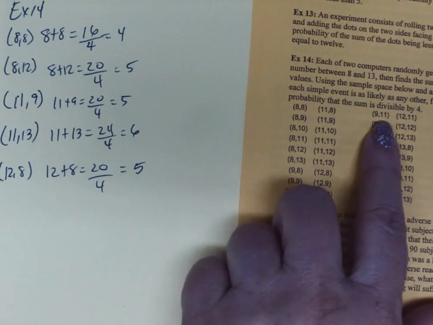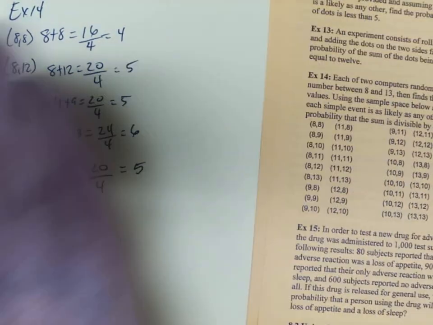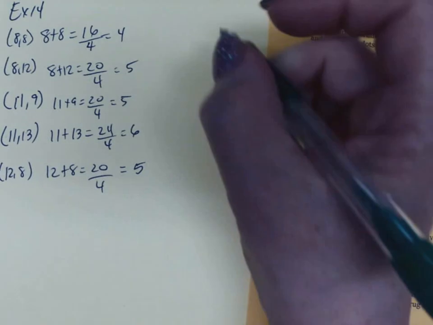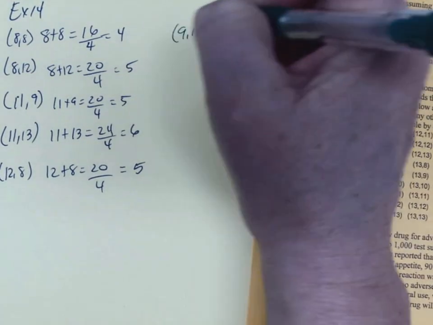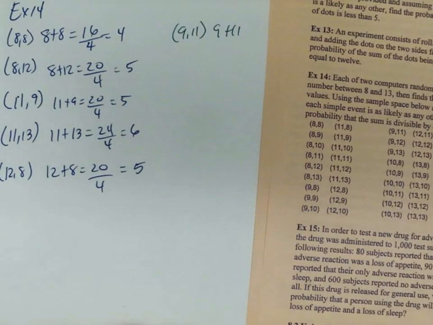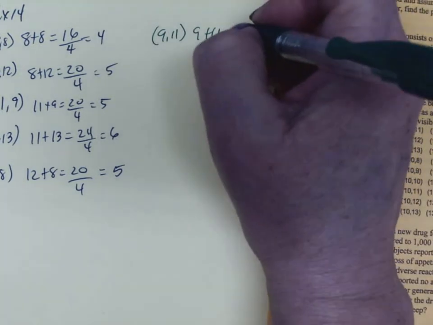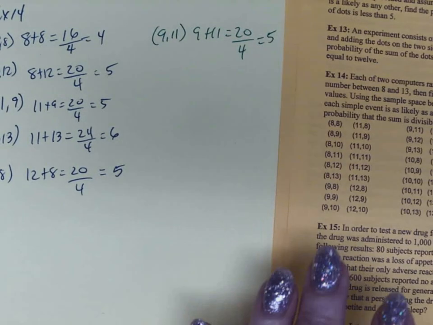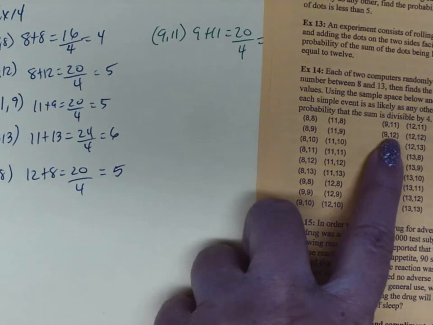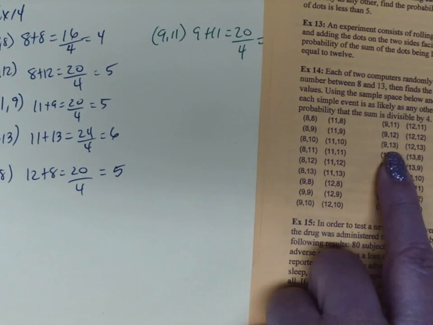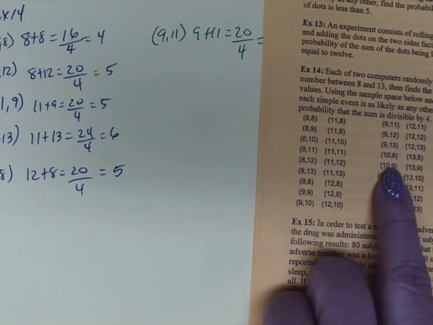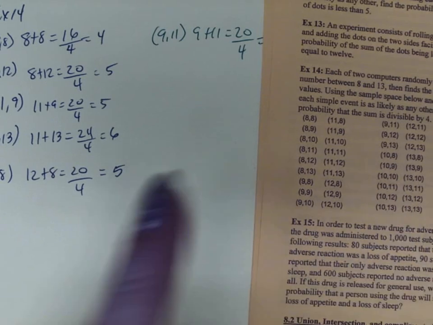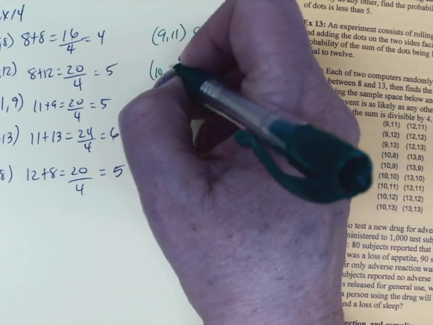9 plus 11 is 20. Let me switch colors. All right. 9 plus 12 is 21. 9 plus 13 is 22. 10 plus 8 is 18. 10 plus 9 is 19. 10 plus 10 would be 20.